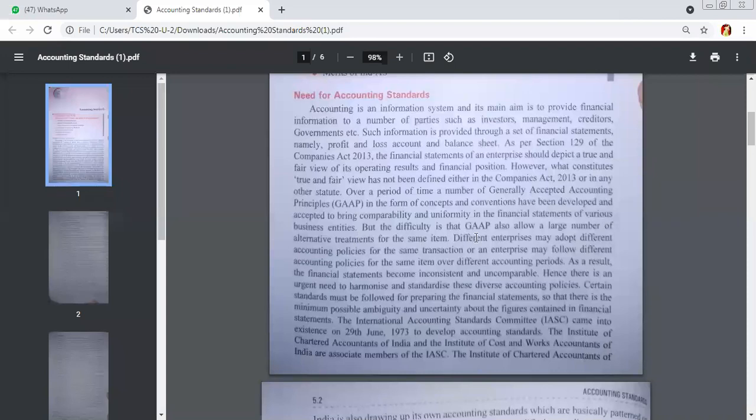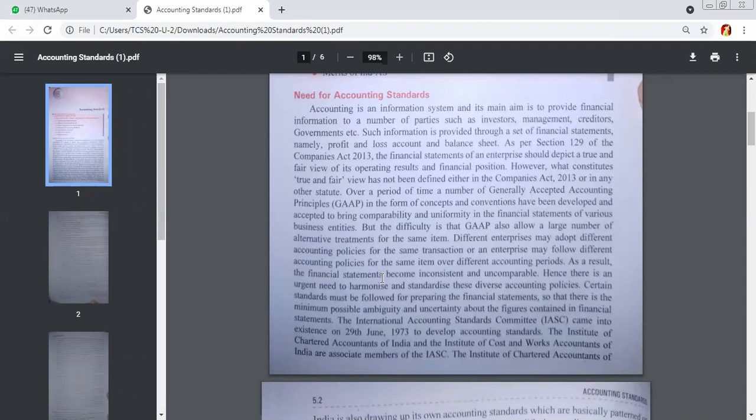But the difficulty is that GAAP also allows a large number of alternative treatments for the same item. Different enterprises may adopt different accounting policies for the same transaction, or an enterprise may follow different accounting policies for the same item over different accounting periods.